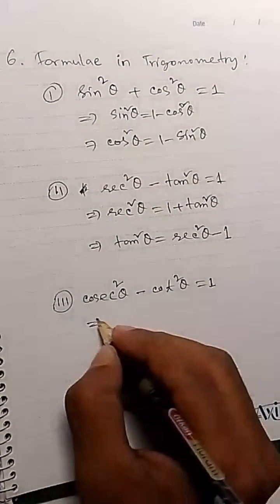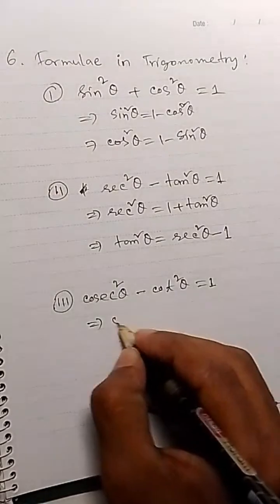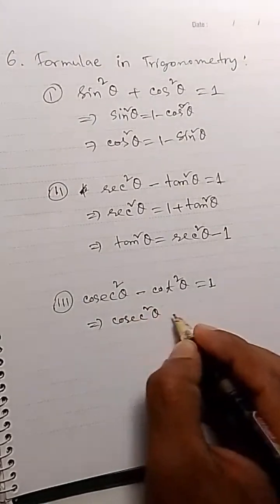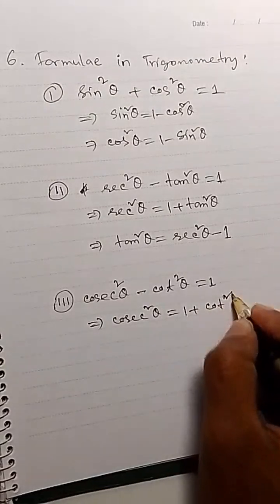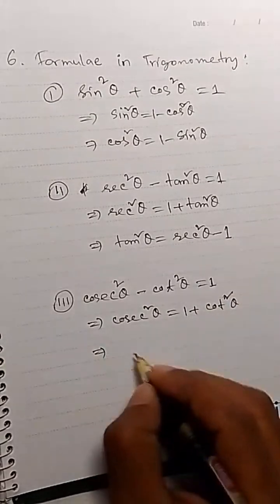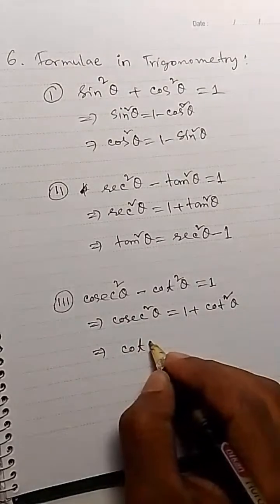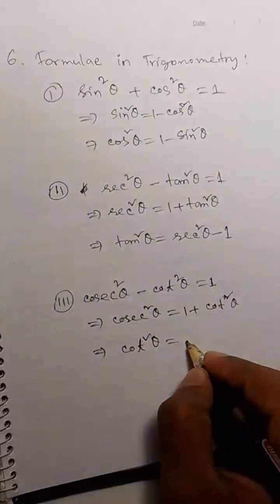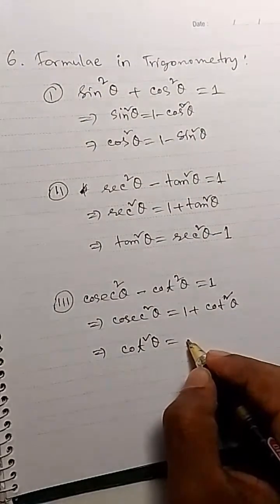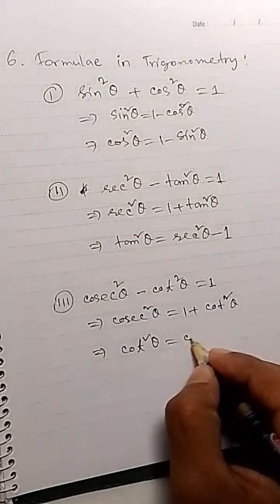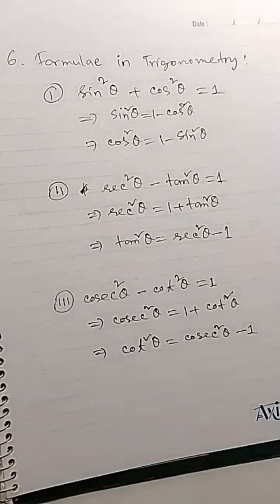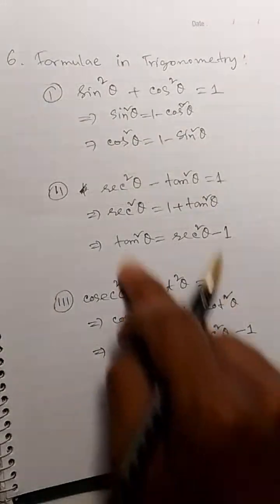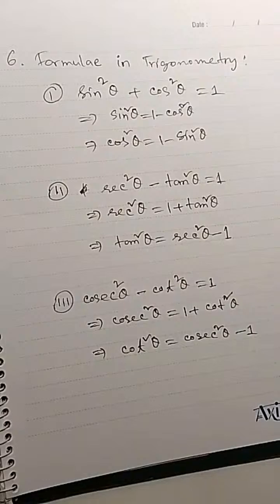Now cosec square theta is equal to 1 plus cot square theta, and cot square theta is equal to cosec square theta minus 1. You should know all of these formulae.